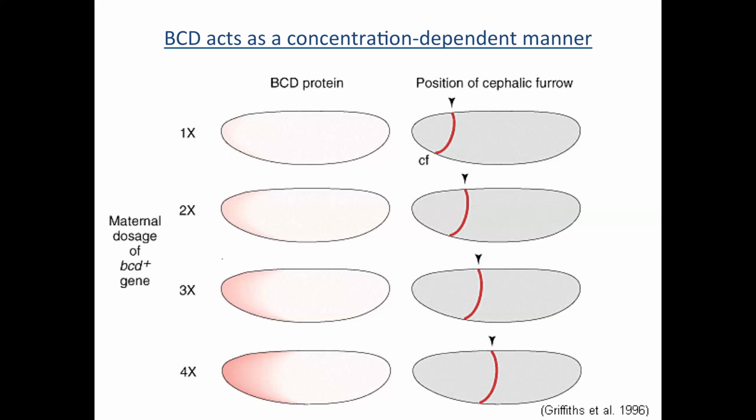And what is the impact of these gradients? Not just that they can be creators of identity, but the amount of their gradient can generate positional information and then result in different identities that the cells can attain.